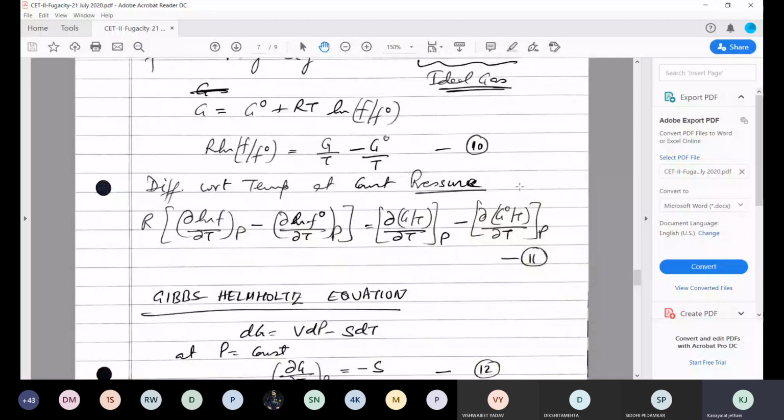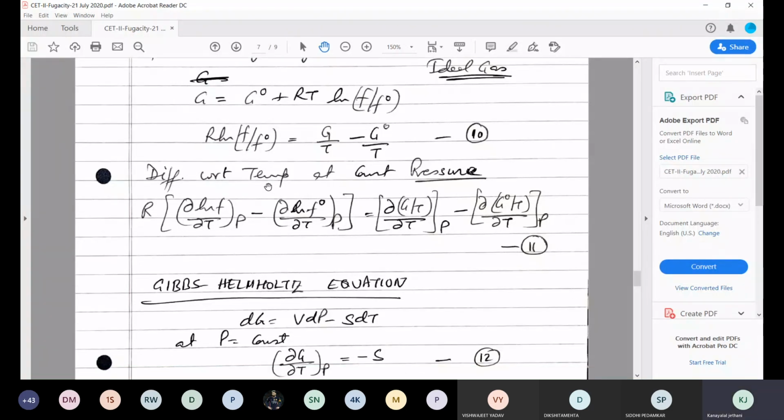Similar to what we have done for chemical potential, right? Mu by T लिया था हमने वहाँ पर, right? लिया था कि नहीं, याद आ रहा है? Effect of temperature लिया था हमने chemical potential का. We had taken mu by T because that gives a simple equation. You can take mu also or G also, but the equation will not be very simple. So what you do is differentiate with respect to temperature at constant pressure.